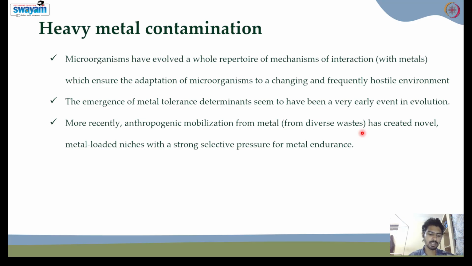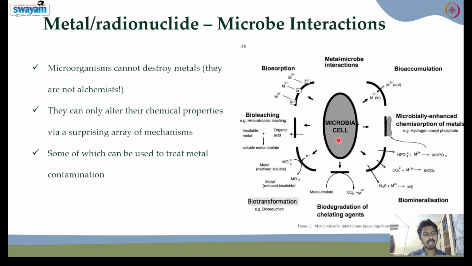Those that adapted created new tolerance mechanisms, or sometimes passed on their resistance genes to the next generation, and they survived generation after generation. So by this we understood that microorganisms have evolved in order to tolerate these heavy metals.